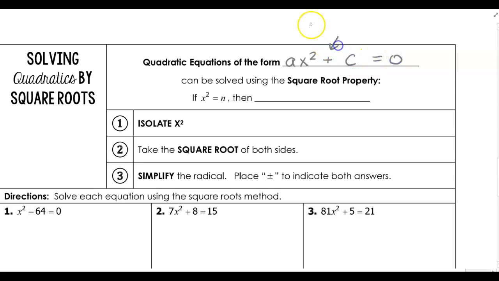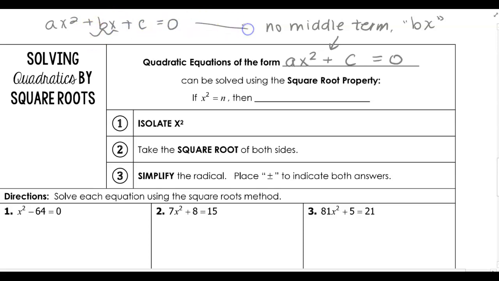Notice there is no middle term, aka the bx part of that quadratic is missing. So normally we would see ax squared plus bx plus c equals 0, and this piece right here is missing, and therefore we can solve using this method. This is the only format that works in order to utilize this method.